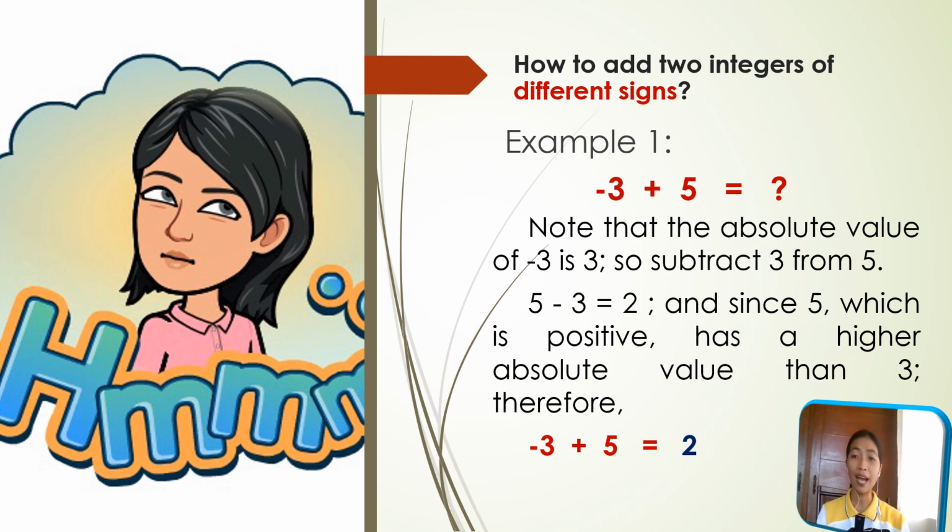And since 5, which is positive, has a higher absolute value than 3, therefore, negative 3 plus 5 is equal to 2. Positive 2. We take the sign of 5 since it has the higher absolute value than the absolute value of negative 3. So we take the sign of 5. Okay?